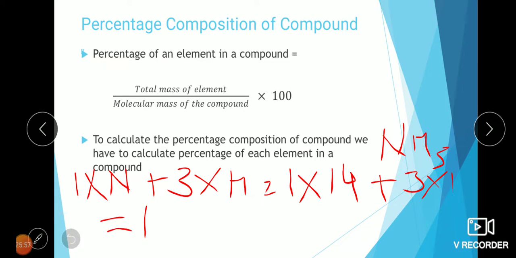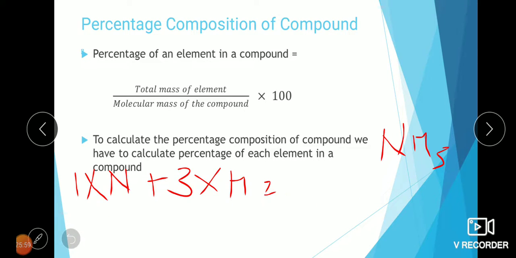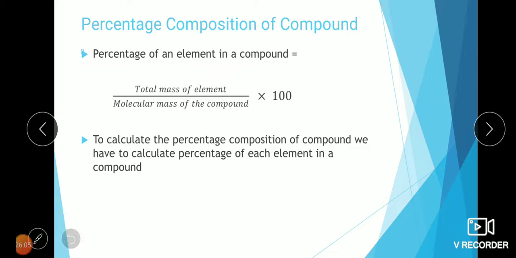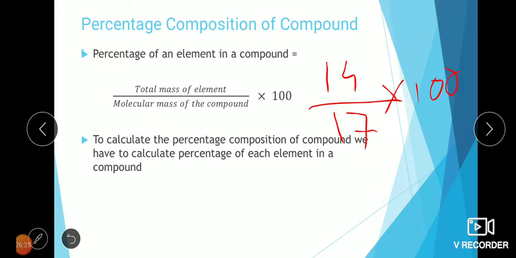Now when I want to calculate the percentage of nitrogen in ammonia, we'll write total mass of element. Here we have one nitrogen, so nitrogen will be 14 upon, now if you remember, we got the answer as 17 for the molecular mass of the compound, into 100. Now don't try to use a calculator. 17, 14, put a decimal here, it will become 140.